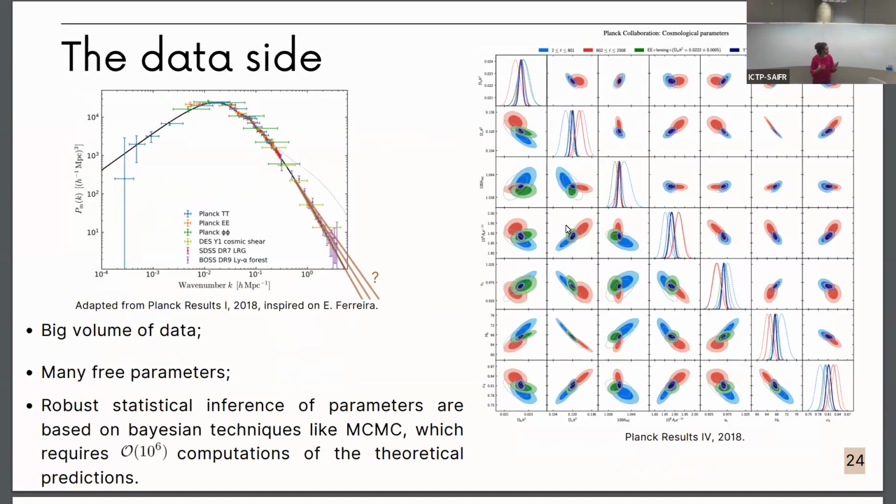So to do a good and robust statistical parameter inference for this kind of model, we need Bayesian techniques like an MCMC, which requires millions of computations of the theoretical predictions and comparisons between your data and the theoretical predictions. Here I brought as an example a triangle plot from a Planck paper. So here we can get an idea of how many different parameters we need, but it's just a small set of all the parameters that Planck tests.